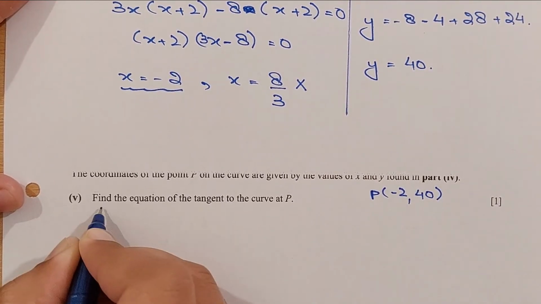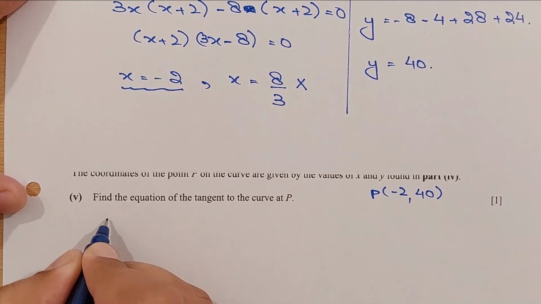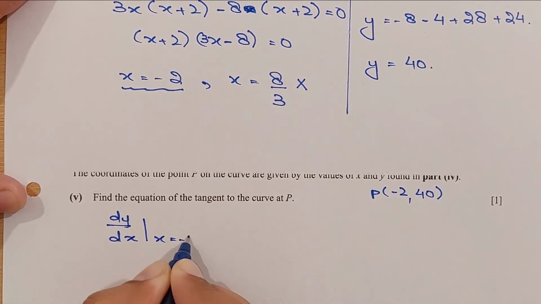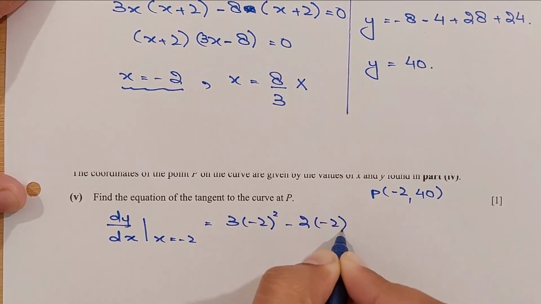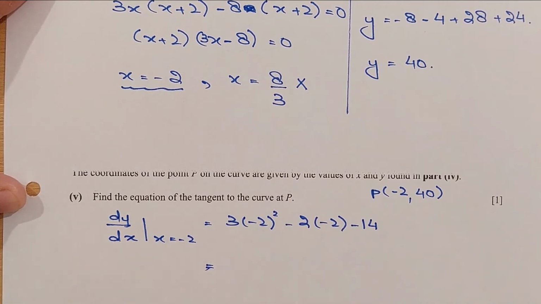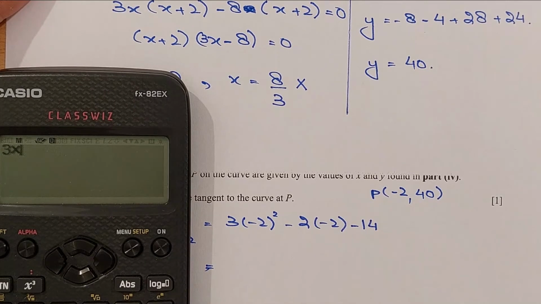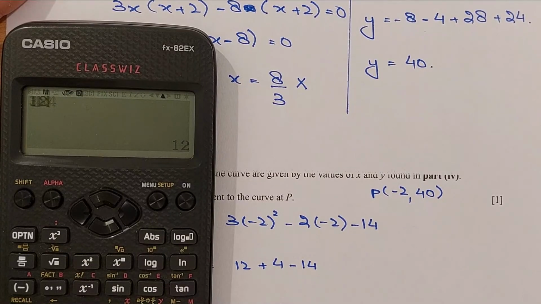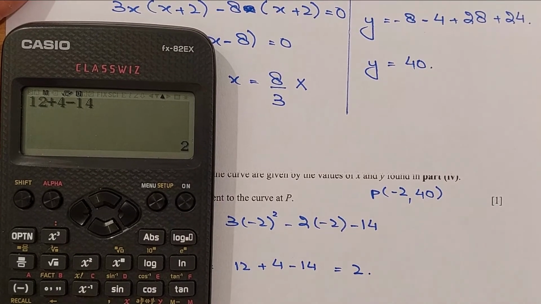Number 5, find the equation of the tangent to the curve at P. So we have to find the derivative at x equals minus 2. 3 times minus 2 square, minus 2 times minus 2, and minus 14. 3 times 4 is 12, plus 4, minus 14. So 12 plus 4 minus 14 equals 2. So the gradient is 2.